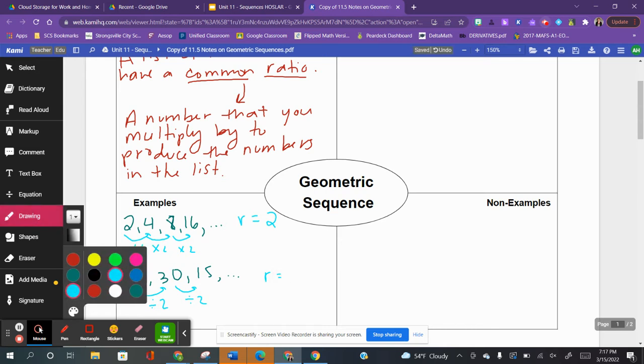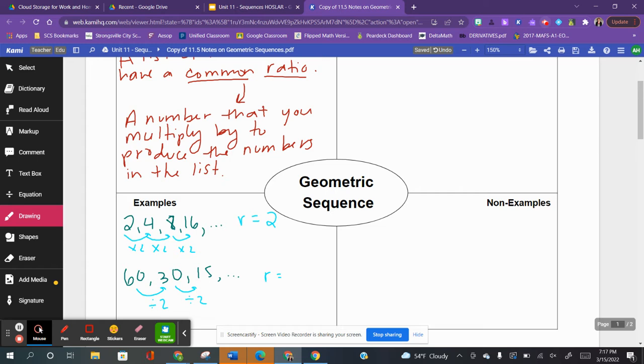And so dividing by 2 is actually the same as multiplying by half. So dividing by 2 and multiplying by half represent the same thing, right? I could say, what is half of 60? 30. What is half of 30? 15.